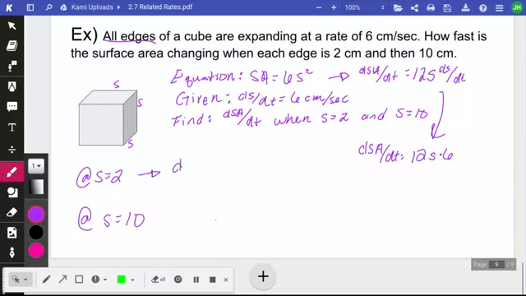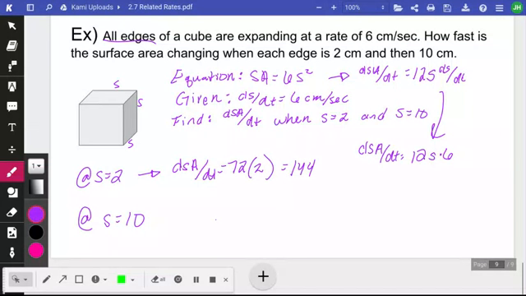So we'll do the change in surface area with respect to time is equal to, let's go ahead and multiply 12 times 6 so we don't have to do that every time. So we'll do 72 in this case times 2, and that is 144.